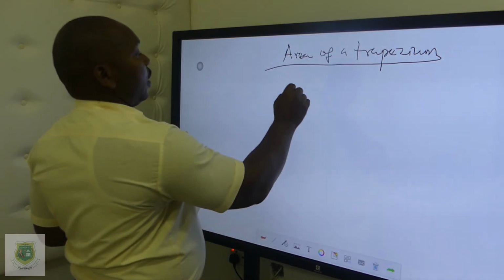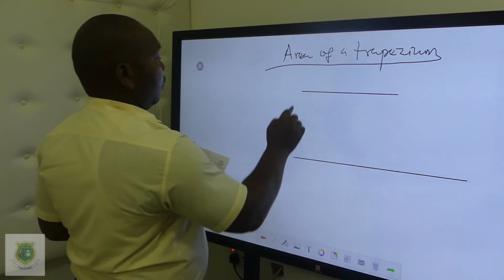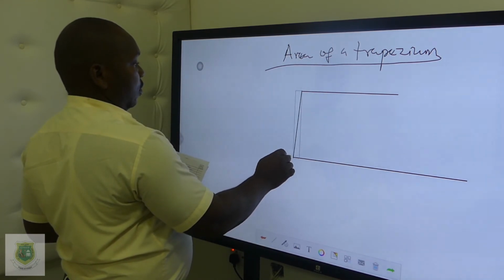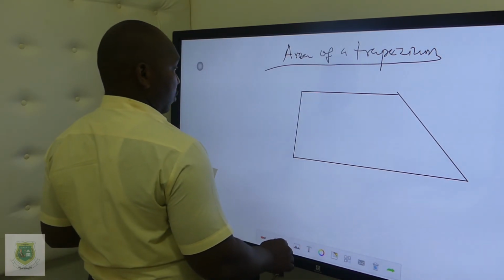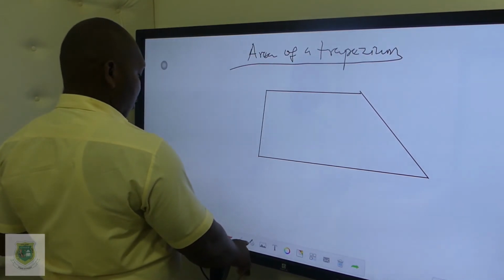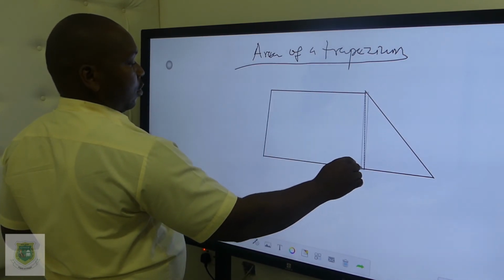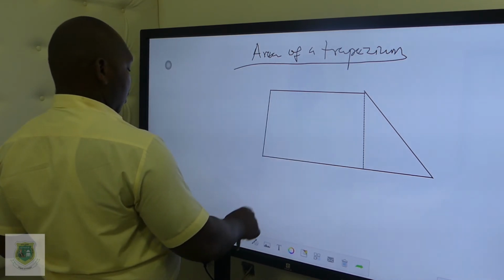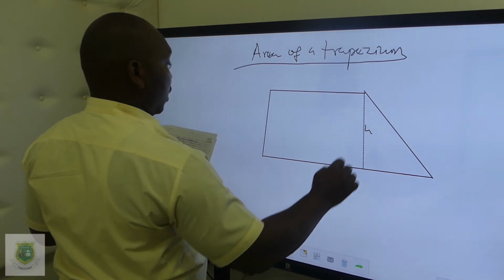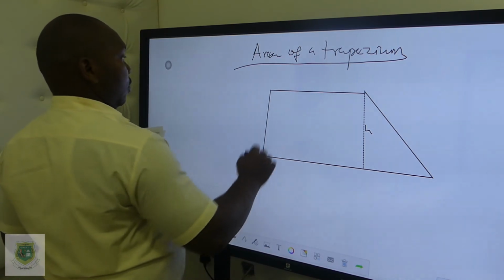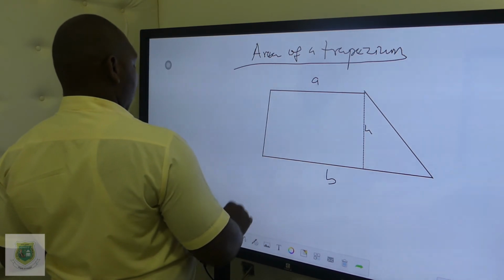So let's draw the trapezium. This is the height. This is A. This is B.